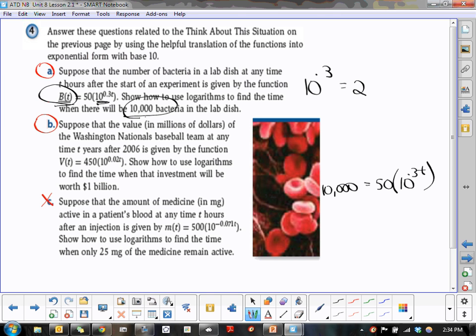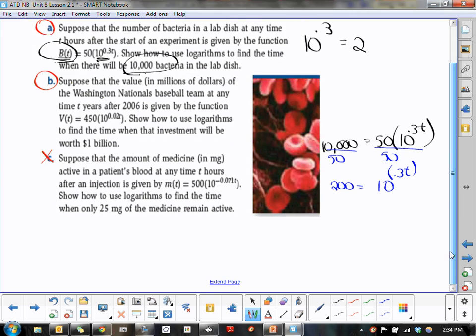Solve this. The first thing we do is divide by your 50. If you divide by your 50, you're left with 200 equals 10 to the 0.3 T. Now, the only thing we're left with is the variable in the exponent, which means we have to use our new inverse.